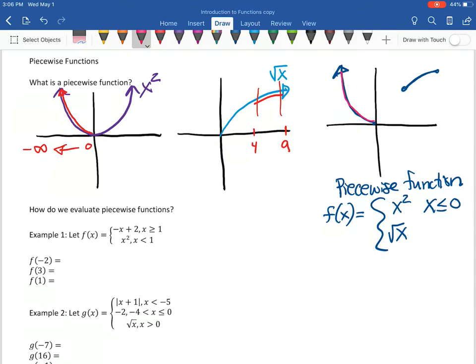And then for the square root function, that piece I kept was from 4 to 9. So I would list that here as x is between 4 and 9. So the second half, when we write this down, is the domain for each piece, or the x values on which that interval lies, and then this is the function.